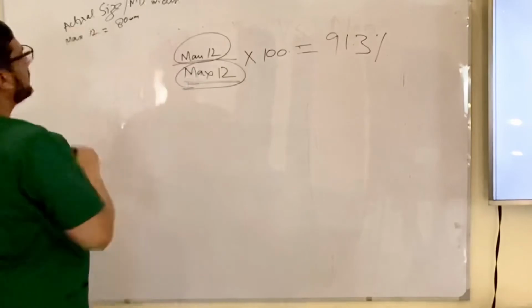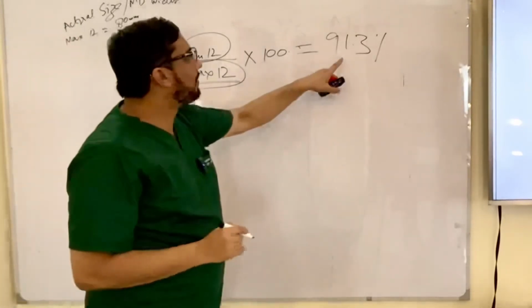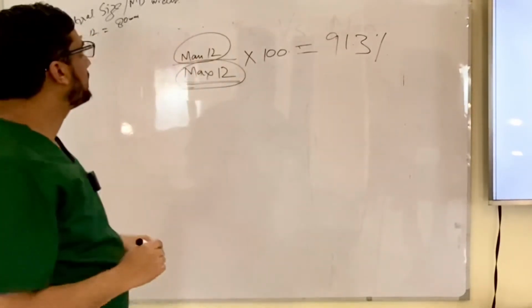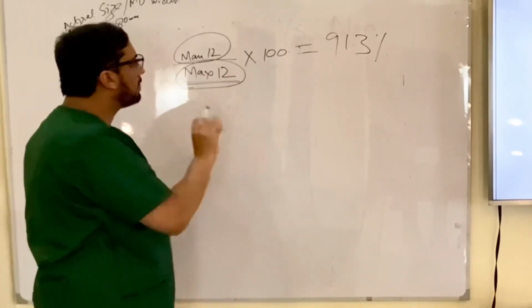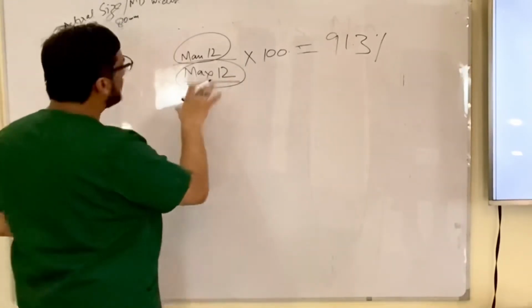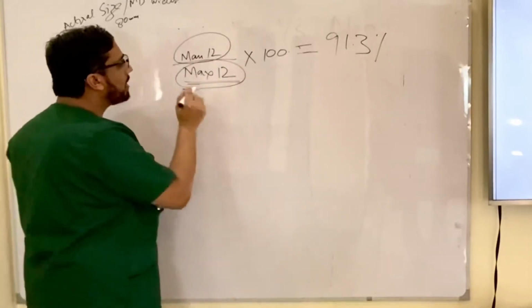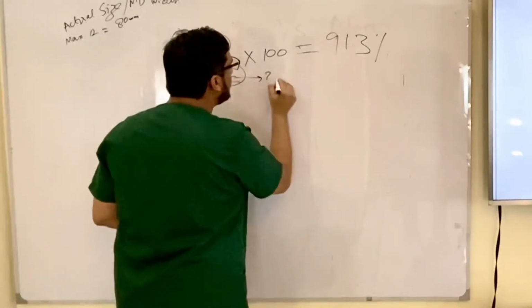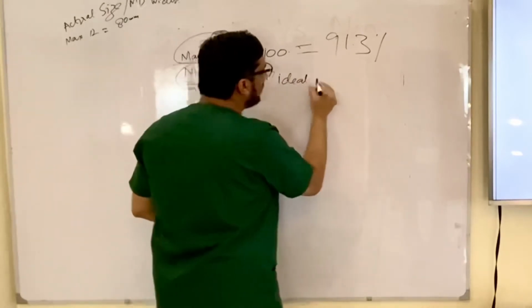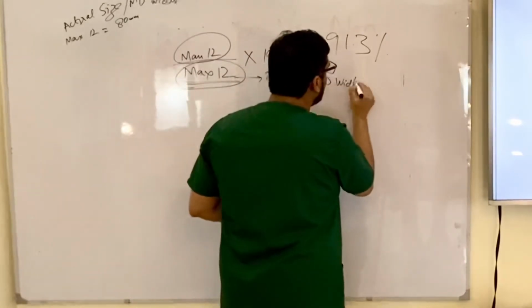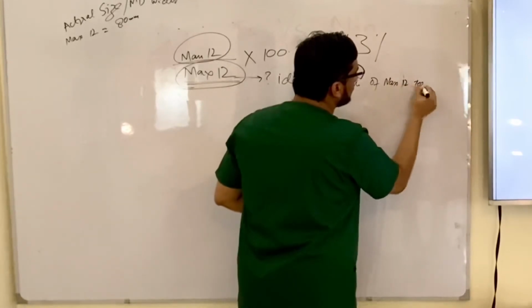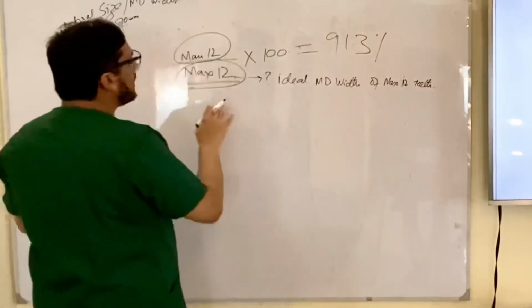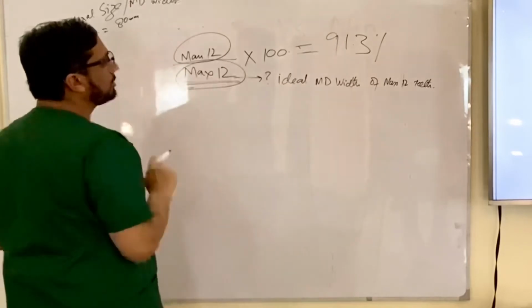Having this formula, we can know what should be the ideal mesiodistal width of the maxillary 12 teeth. This is actually what we want to know.